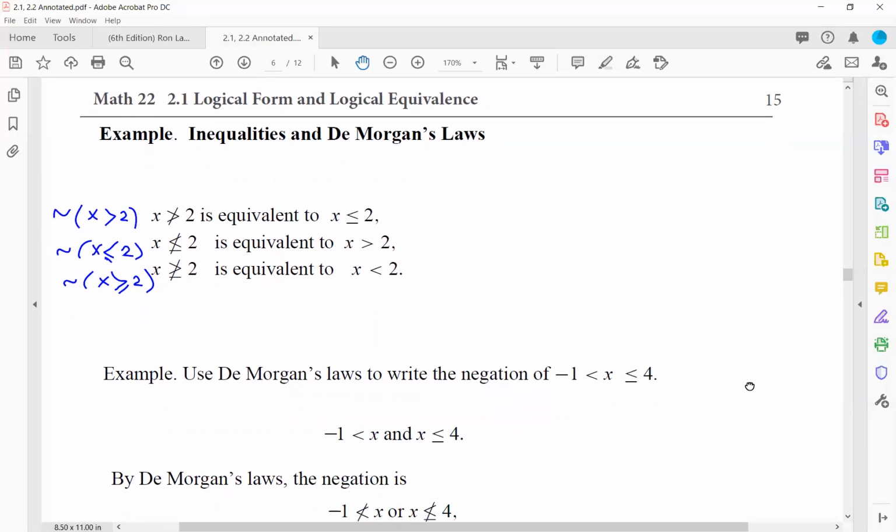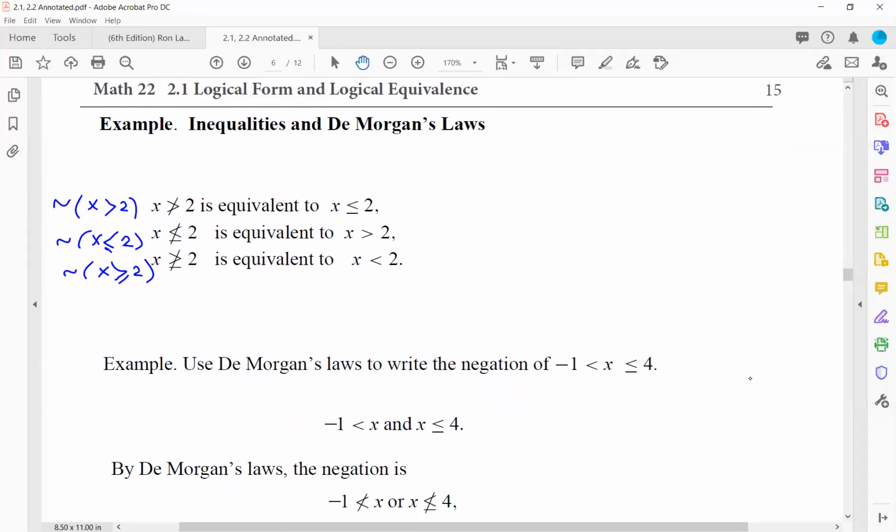Perfect. So what's the negation of x is between -1 and 4, included? If you graph this interval, you get -1, you get 4, and all numbers in between.